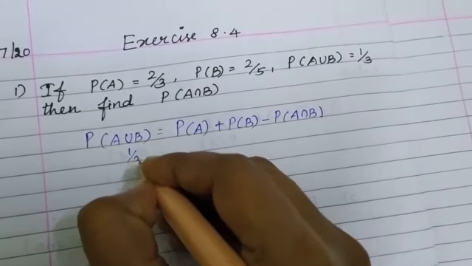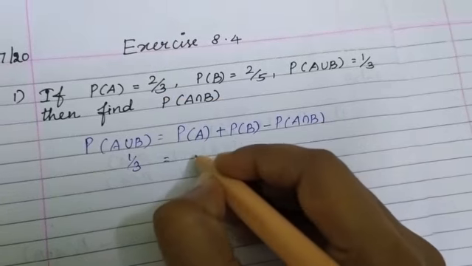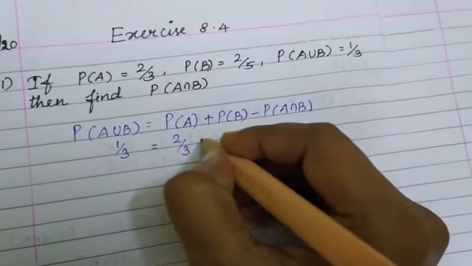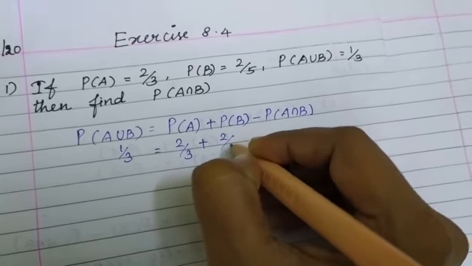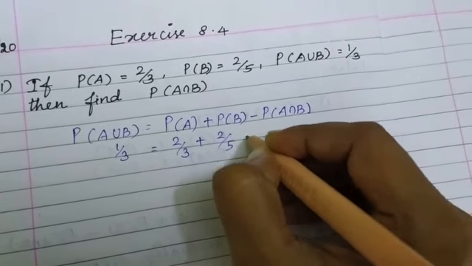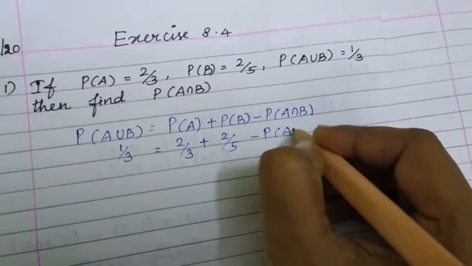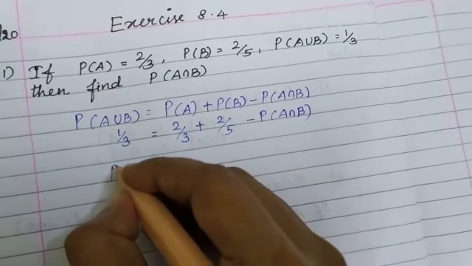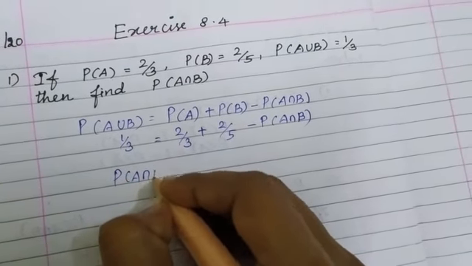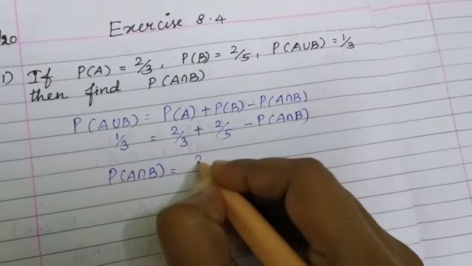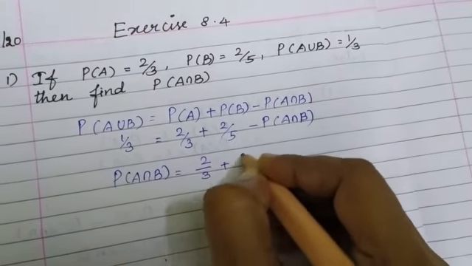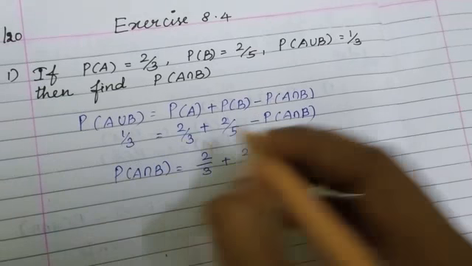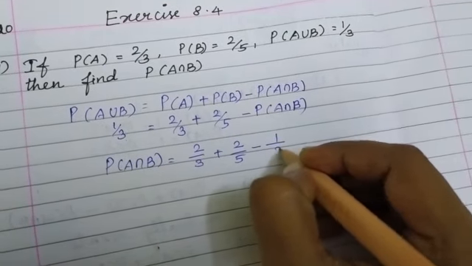So 1 by 3 is equal to 2 by 3 plus 2 by 5 minus P of A intersection B. So P of A intersection B, this side come change into plus: 2 by 3 plus 2 by 5, and this 1 by 3 come this side, minus 1 by 3.